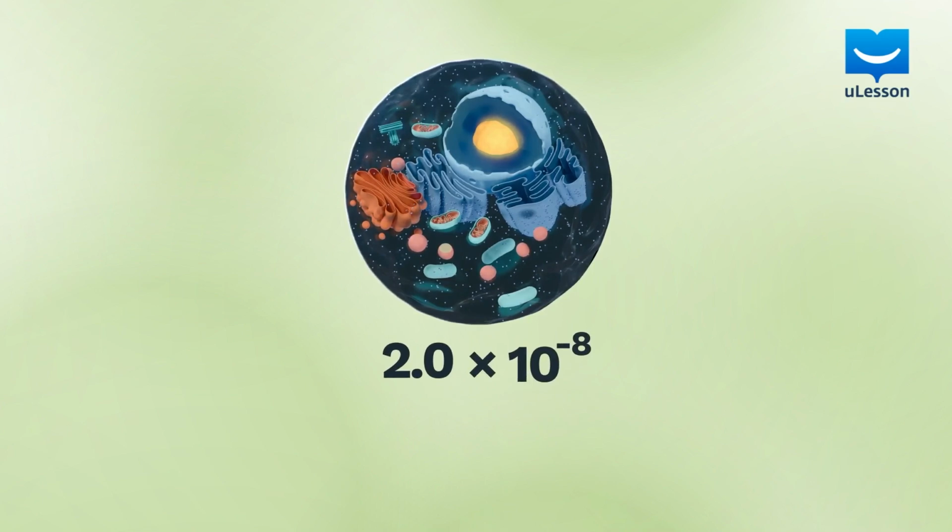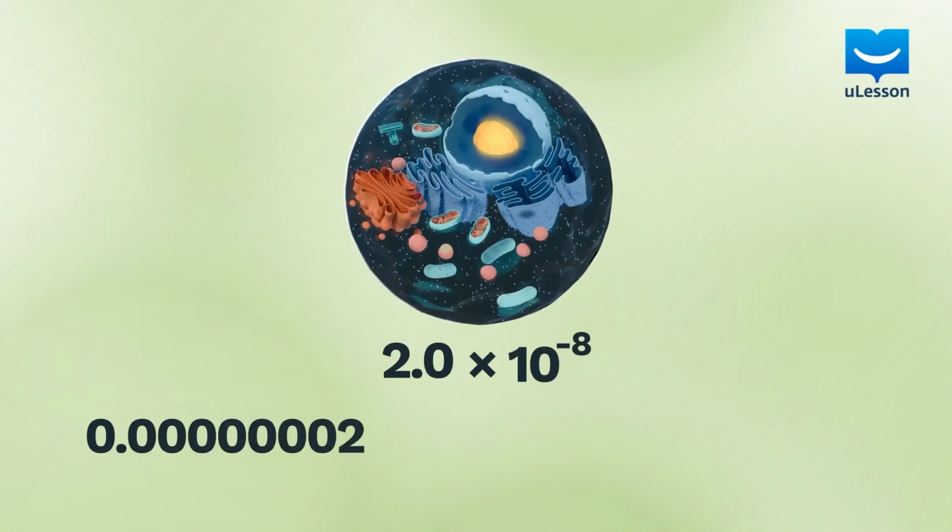The index of 10 in this case is negative because we moved the decimal point to the right. The final answer after writing 0.0000002 meters in standard form is 2.0 times 10 raised to the power minus 8.